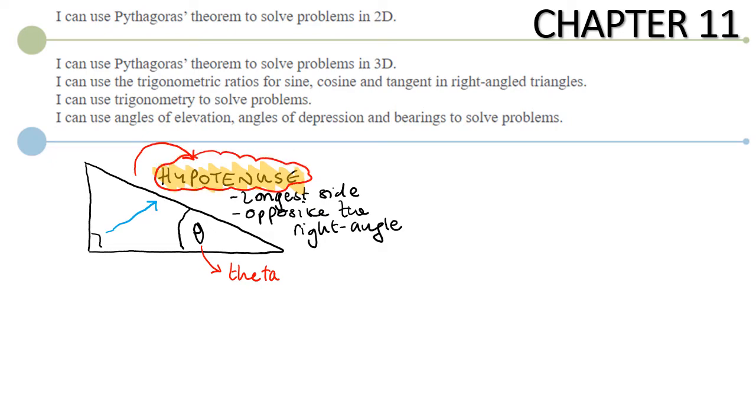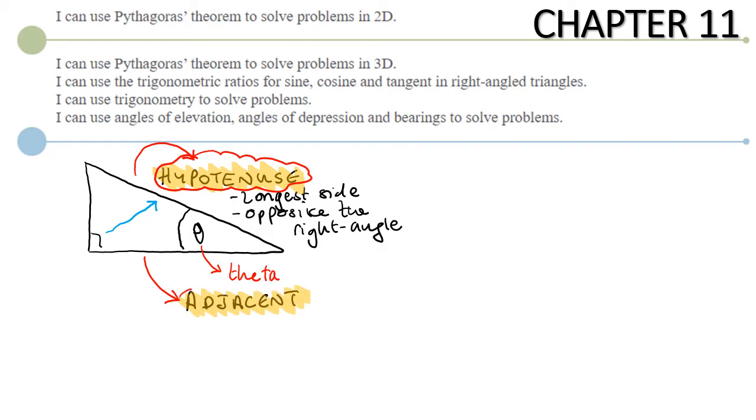Now over here, this side here, which is next to the angle, so that side is actually touching the angle, is what we call the adjacent, and adjacent just means next to. So that's the side which is next to the angle. We call that the adjacent side.